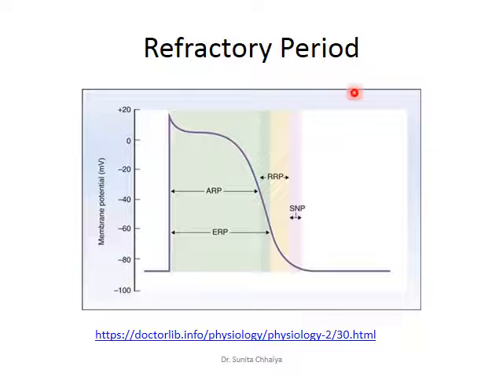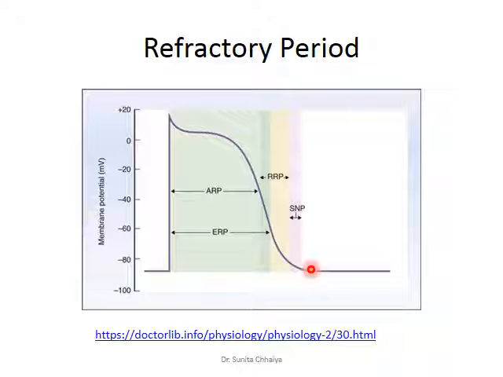Now there is an important terminology, that is the refractory period. After an action potential, a cardiac cell is unable to initiate another action potential for some duration that is slightly shorter than the total duration of the action potential. This period is known as the refractory period.